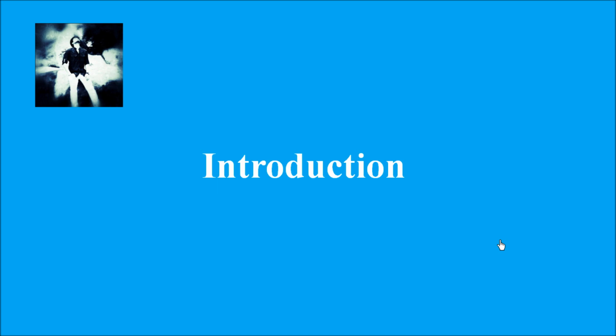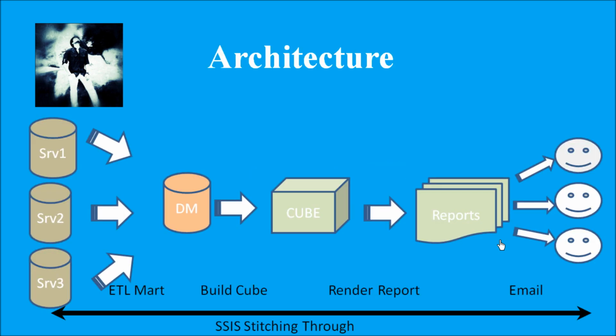To jump onto the architecture quickly, this is the architecture of what I have come up with. From the left you can see there are several servers, which may be transactional servers. Each of the servers will be considered an OLTP server, running the automated test cases in its environment.